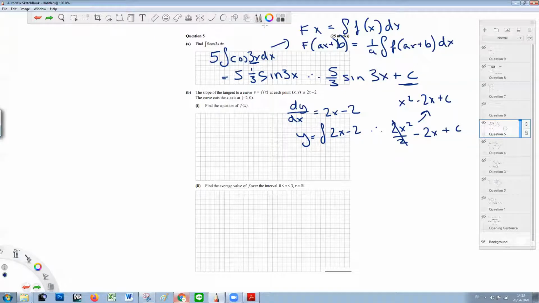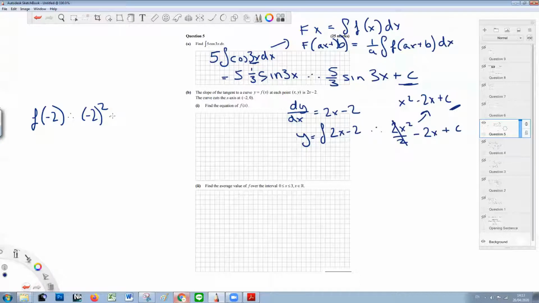Now we know that the curve cuts the x-axis at minus 2 and 0. So we could say that f at minus 2 is equal to minus 2 squared minus 2 times minus 2 plus c, because we're subbing it back into this equation, remember.